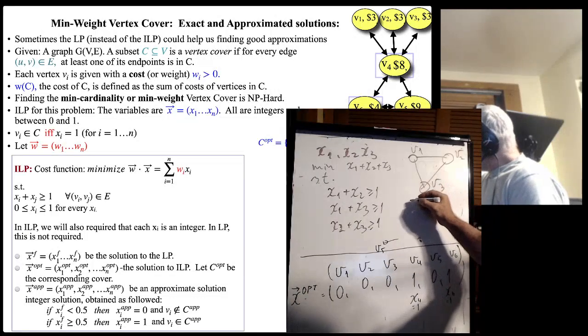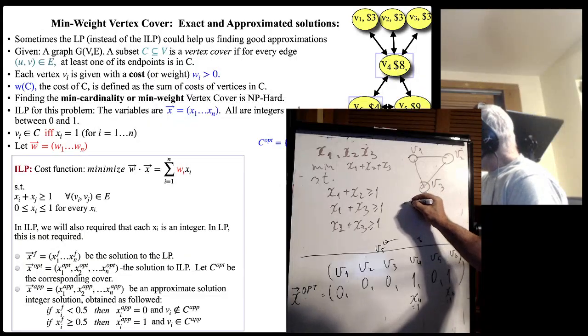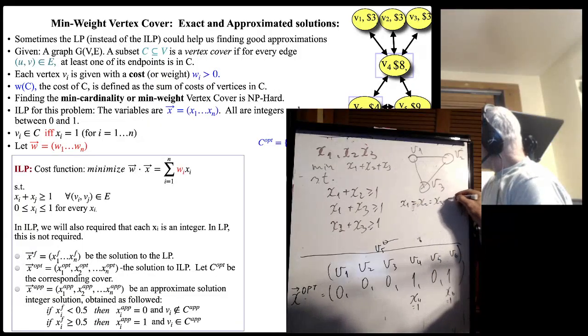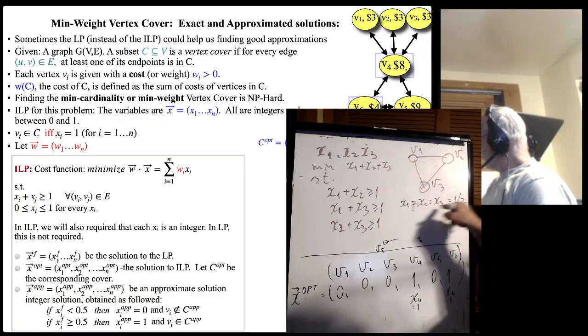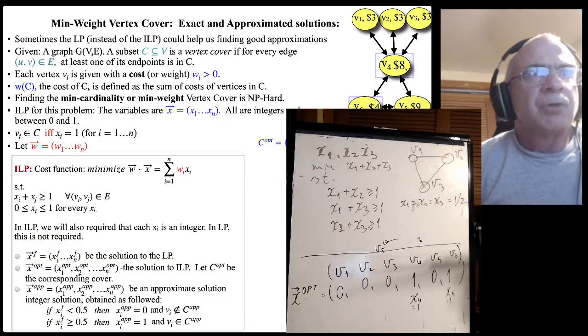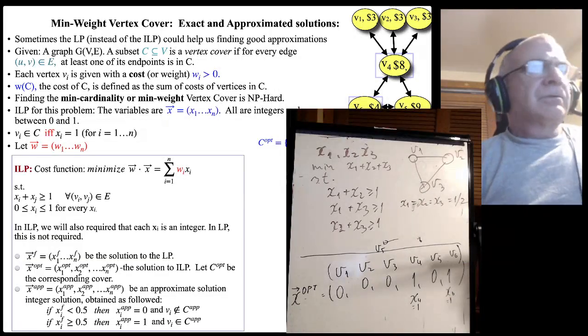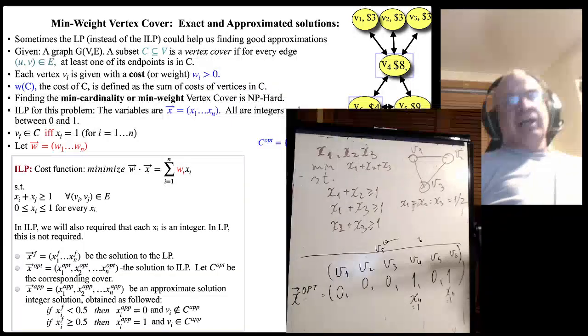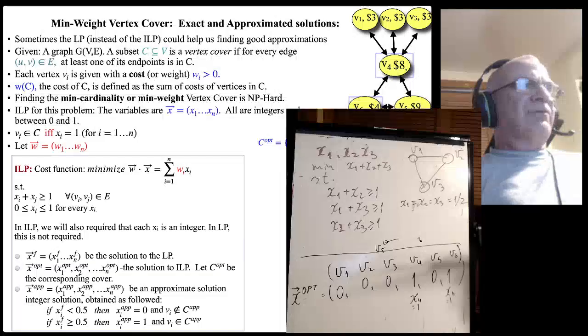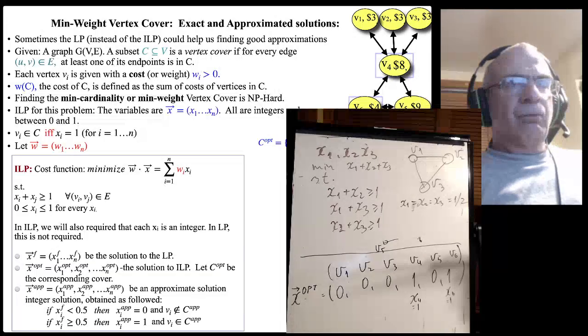And as we saw, the solution in this case is x1 equals x2 equals x3 equals half for each one of the variables. This is the optimum solution of this problem, and it's just to demonstrate that we are not guaranteed at all that our solution for the linear programming will be an integer.